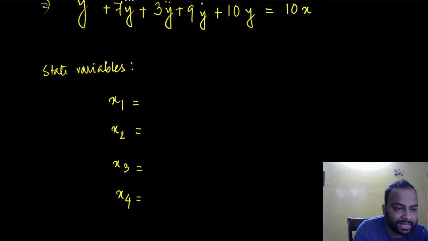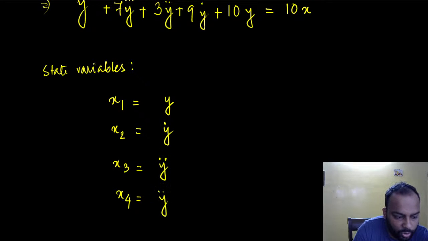Now here the declaration we are doing for our state variables is that we're writing x1 to be y, x2 to be y dot, x3 to be y double dot, and x4 to be y triple dot. Here as usual, since we have a fourth order system, we are assuming 4 state variables. So this is fine.